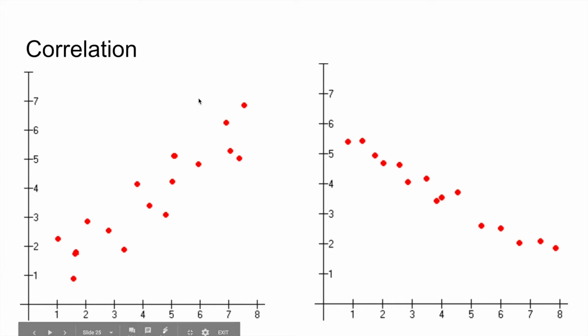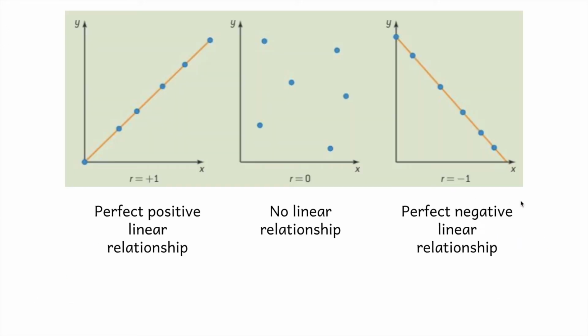And this is a good example of a correlation, right? Because I can obviously see that as I increase the x, the y also increases. This one, as I increase the x, my y decreases. So this is a positive correlation. This is a negative correlation. But look at the middle one. It looks scattered.